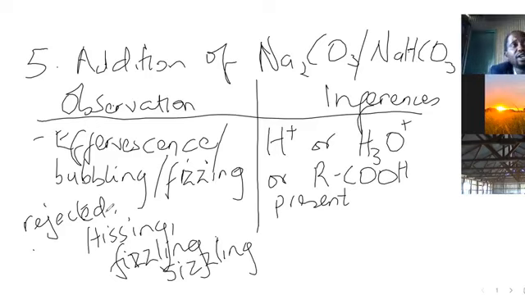We simply put an inverted V. If the observation was supposed to score 2 marks and you score 1 mark or 1.5, we do not mark the inference, whether it is correct or wrong. So for the inference to score, the observation must score fully. Number 6, addition of magnesium ribbon.